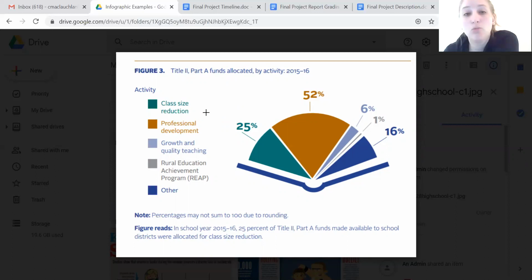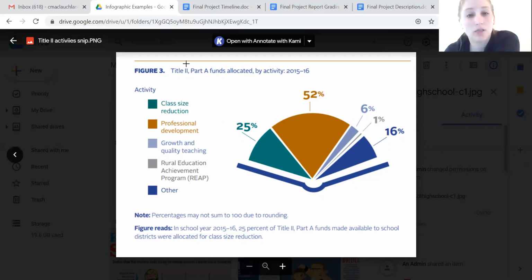You definitely want to stick to the timeline or move a little bit ahead of it, just because you want to give yourself time to get the data from your samples. Okay. So if you have questions, let me know. I'm here for you, but I'm super excited to see how creative and how awesome you guys are.